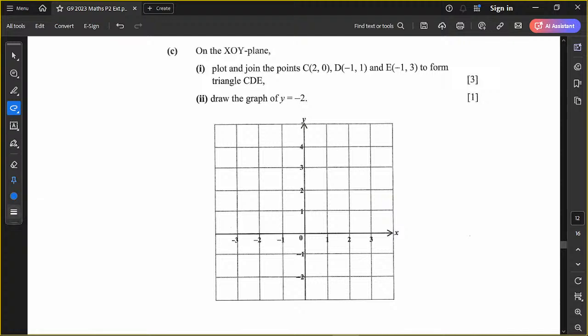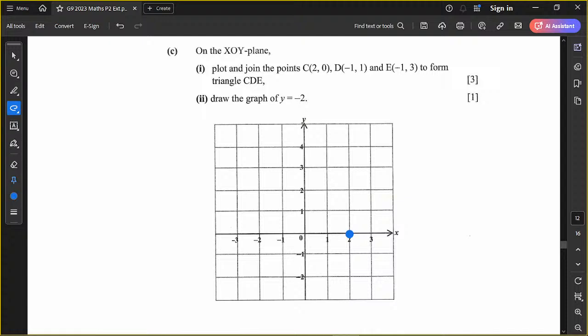Let's start with the first point, which is C, that is (2, 0). So 2 is the reading on the x-axis, so the point is going to be here. Then D, that is (-1, 1).